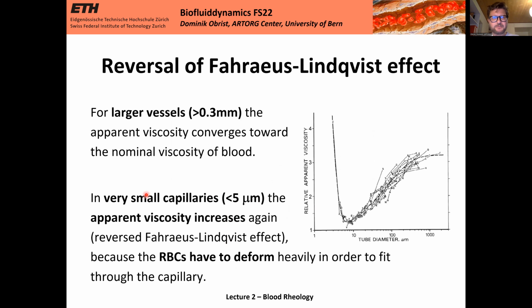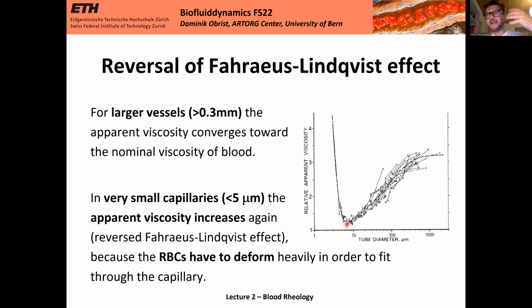What is happening in very small capillaries? Well, here the curve goes up again dramatically, quite dramatically actually. What is happening? Well, it's a reversal of the Fåhræus-Lindqvist effect, because we see here, we have 8 microns, this is exactly where the red blood cells have to deform so heavily because they're bigger than the vessel itself, and the whole deformation energy, the energy we need to deform the red blood cells, that is expressed as a resistance.